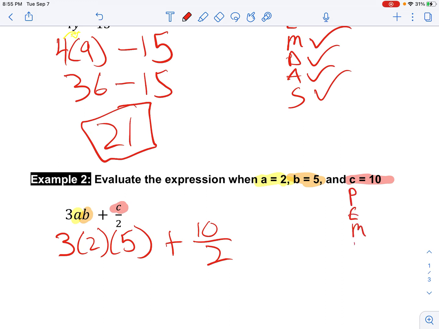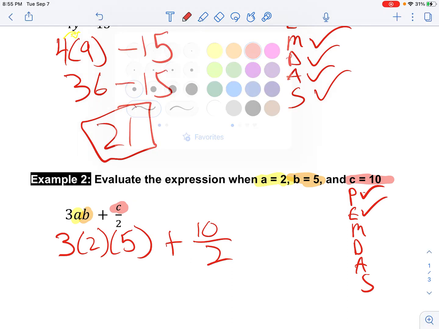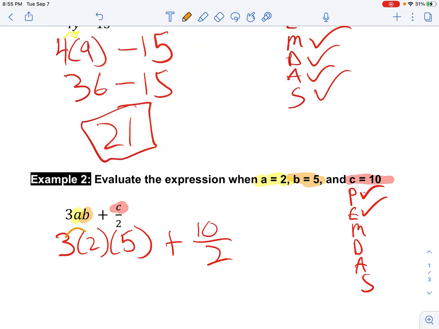Now, let's think about PEMDAS. Once again, do I have parentheses? Yes, but there's only a singular number in there, so I can't do anything inside them. I don't have exponents. I do have multiplication. So let's look at our multiplication here, and I'm going to take 3 multiplied by 2 and get 6.